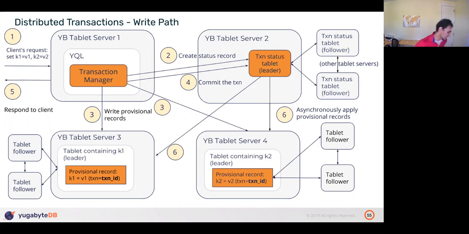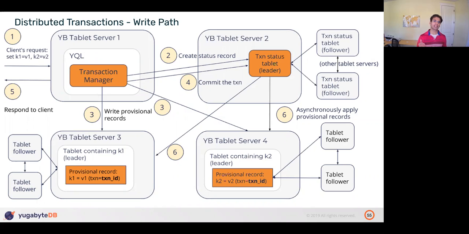Yeah, so the where clause, so we are right now updating two tablets, right? They belong to the same table, but they could belong to two different tables. That's fine. The process is the same, right? Because think of key one equals value one. Think of key two equals value two as value one equals key one in a separate table, okay? So think of having two separate internal tables, and you're making a transactional update across these two tables.